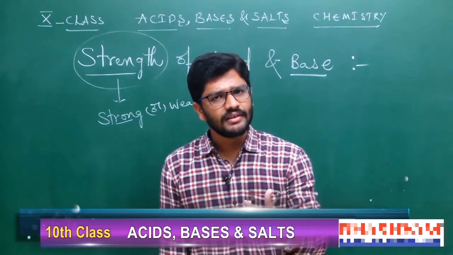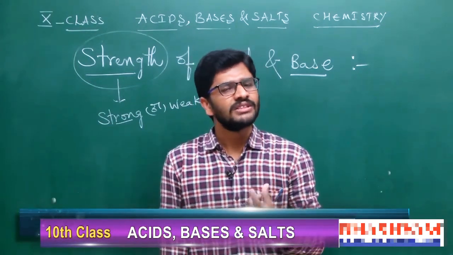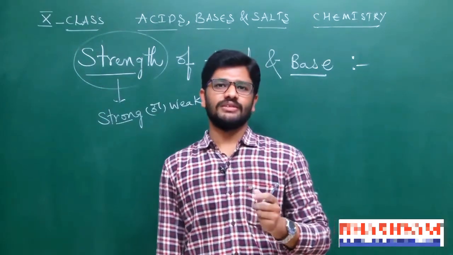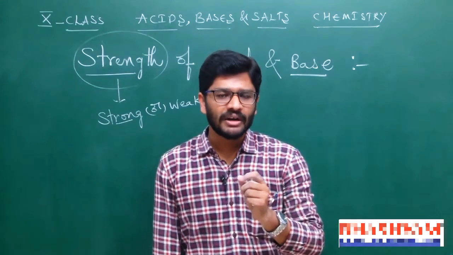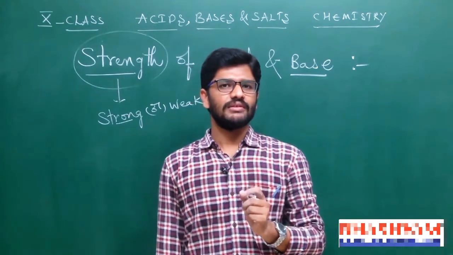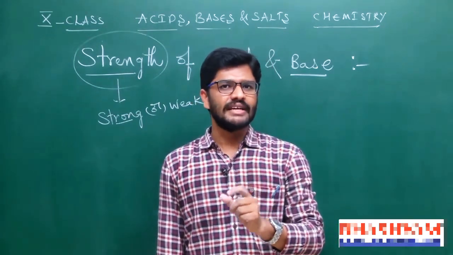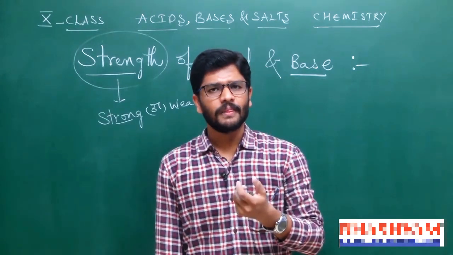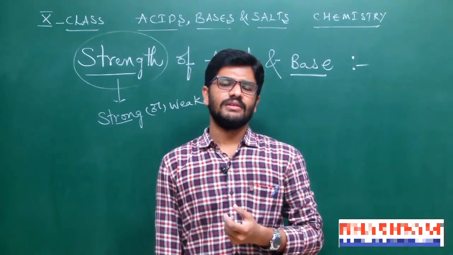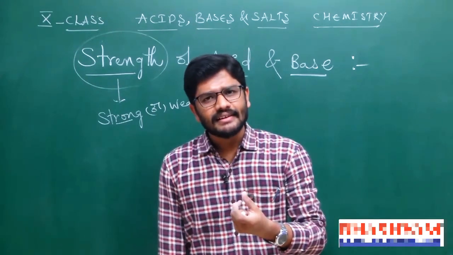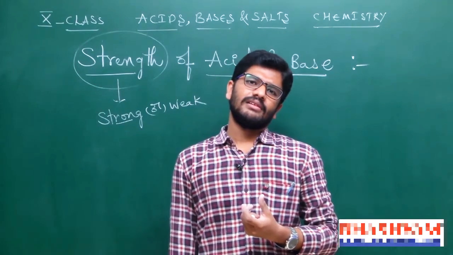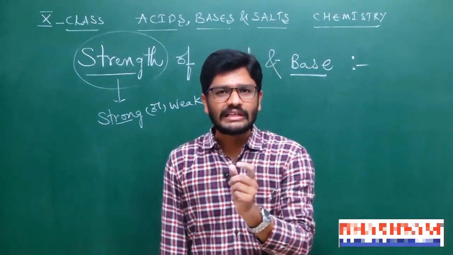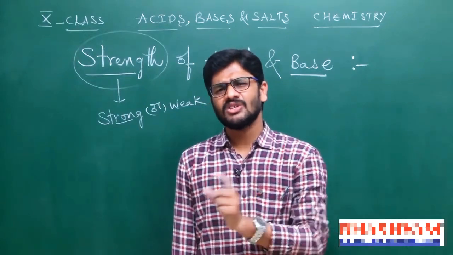In another way, we can say that a strong acid is a compound that undergoes complete dissociation. That compound is considered strong. Yes or not? Yes. Practically, how can we say whether it is a strong acid or a weak acid, or a strong base or a weak base?